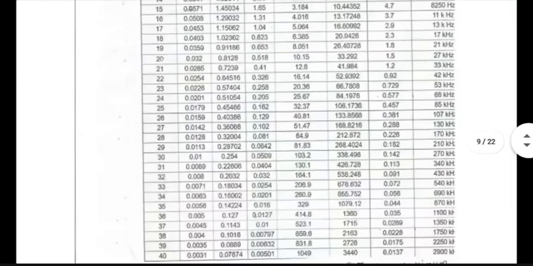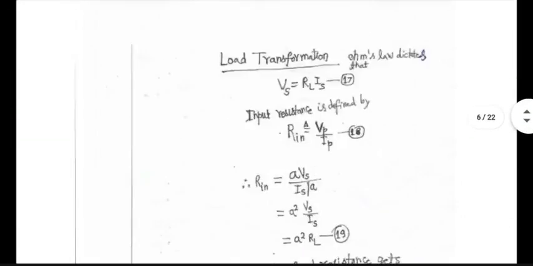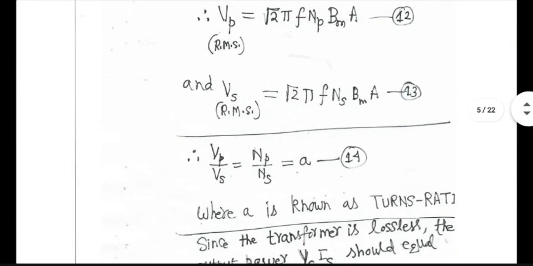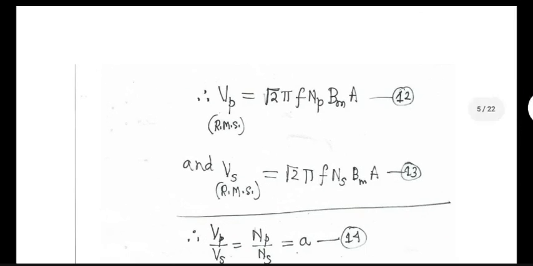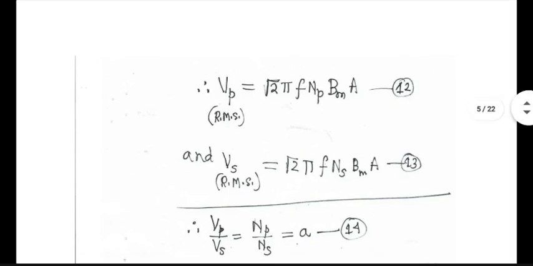What you will need is the EMF equation. This one, either VP or VS, depending on what is being given to you. I have not written here, but many books actually write, instead of square root of 2 multiplied by pi, 4.443 or 4.44, which is approximately correct.